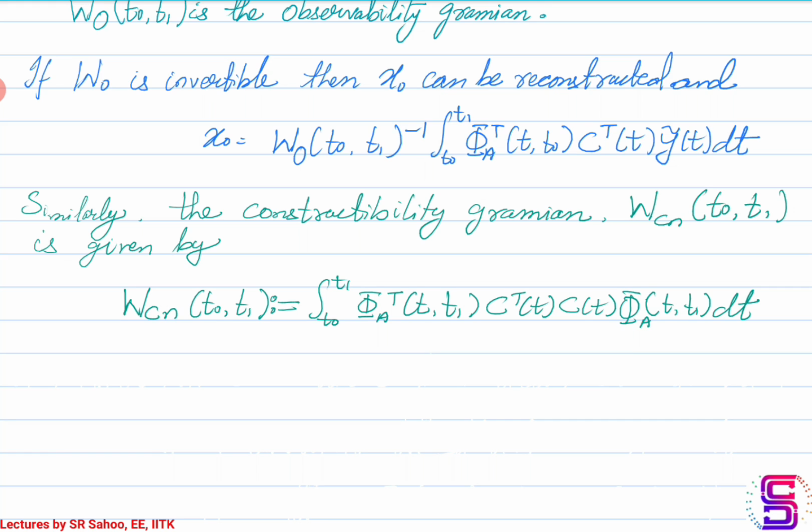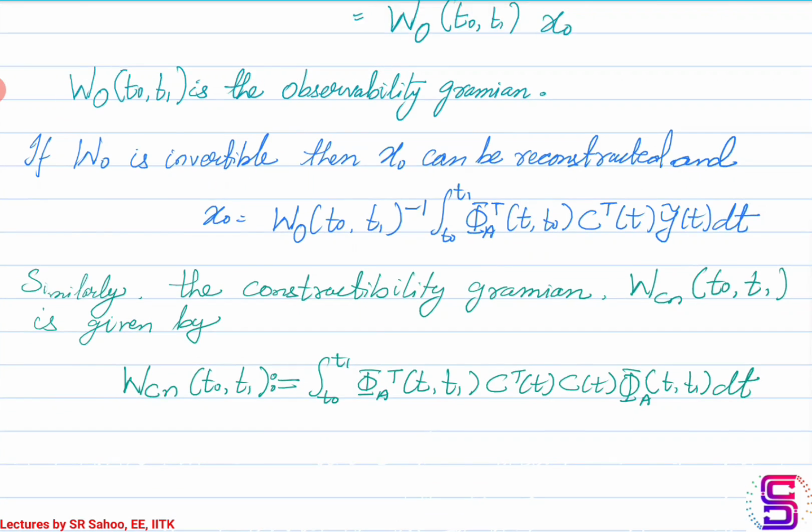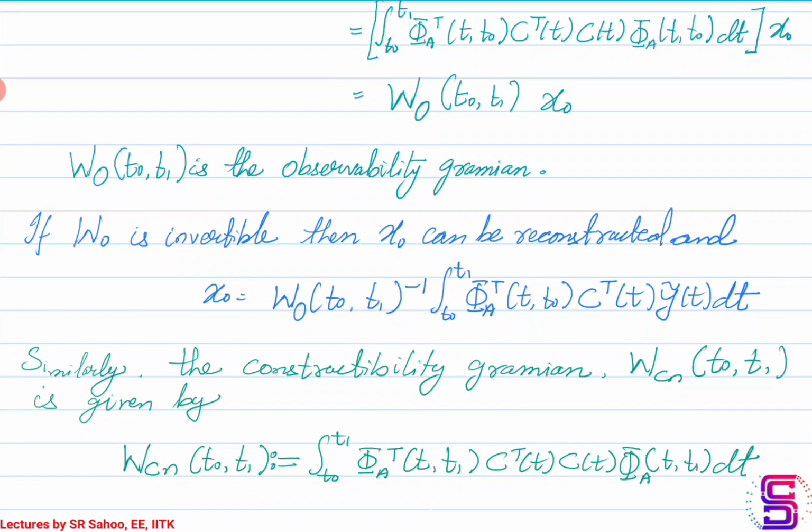Even though the observability gramian and the constructibility gramian look similar, the argument of the state transition matrix in the observability gramian was dependent on t0, and the argument in the constructibility gramian is t1. That is the difference between the constructibility gramian and the observability gramian.